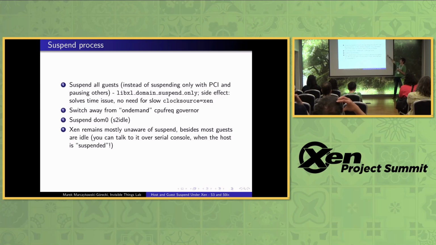Nice. Switch away from the on-demand CPU governor, suspend Dom0 with S2 idle, and Xen doesn't know anything about suspend. It just says, okay, all the domains are idle. There's nothing to schedule. So it's fine. The CPU is happy. All the devices are suspended. It's going to sleep for most of the time.